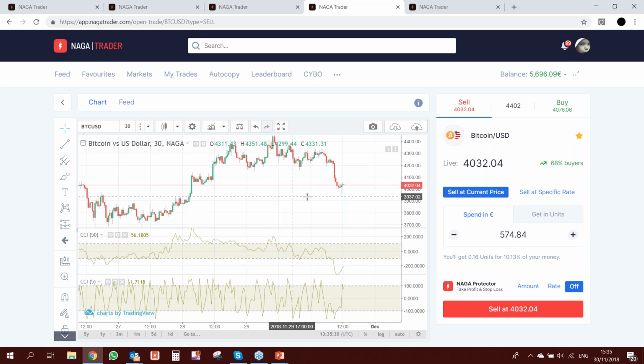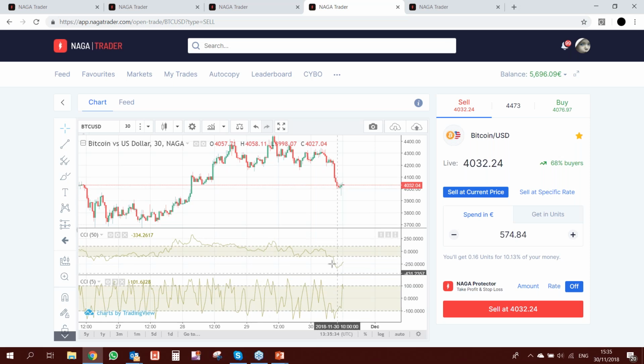We do tend to see, for example, here we do have a strong reading of the CCI below its oversold, and in this instance, it's signaling short positions, and we had a slight pierce on the smaller time frame to the overbought.